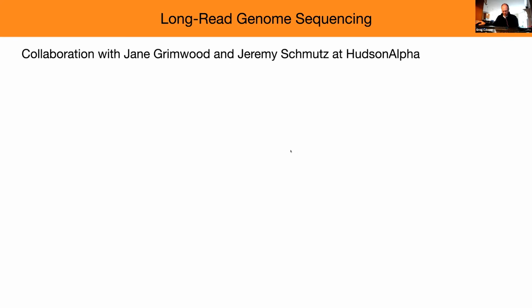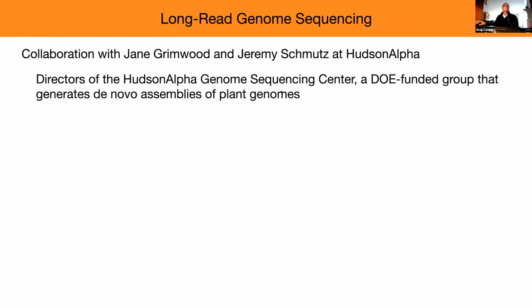And so we started a partnership with Jane Grimwood and Jeremy Schmutz at HudsonAlpha. They are fellow faculty members there, and for a long time, they have been the directors of the HudsonAlpha Genome Sequencing Center. This is a Department of Energy funded group, and especially over the last 15 years, their focus has been on assemblies of plant genomes. If it's an agriculturally or bioenergy important plant, odds are Jane and Jeremy's group is the one that generated the data that led to the reference assembly of that.